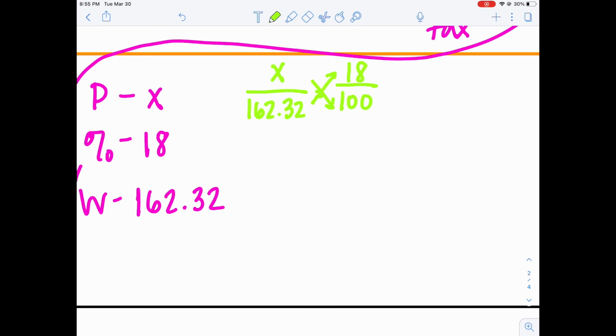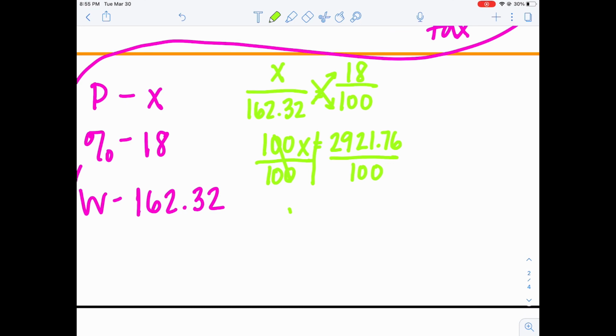Using cross multiplication, 100 times X is 100X, and $162.32 times 18 is 2,921 and 76 hundredths.